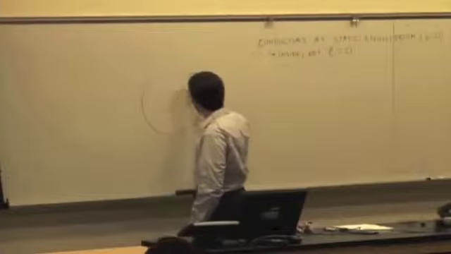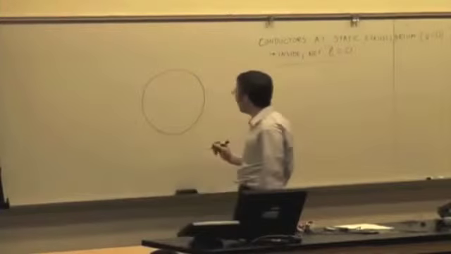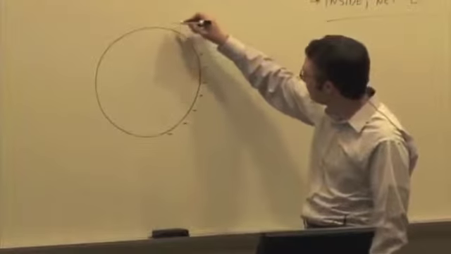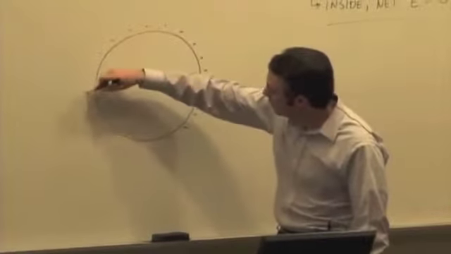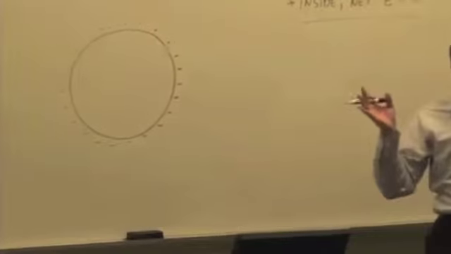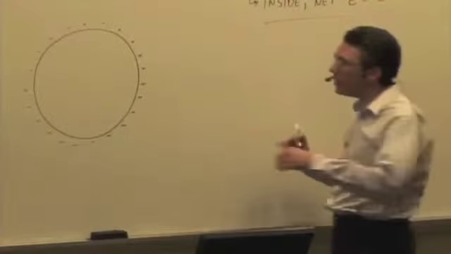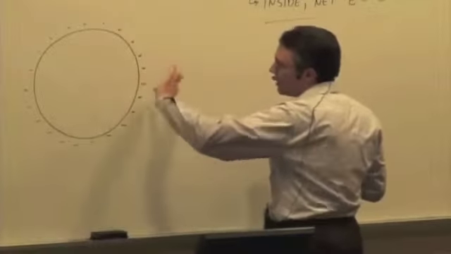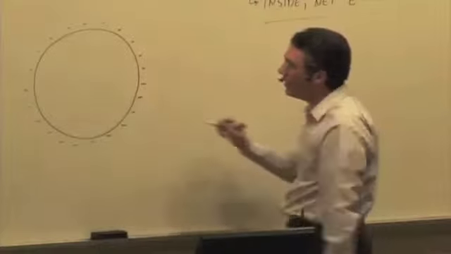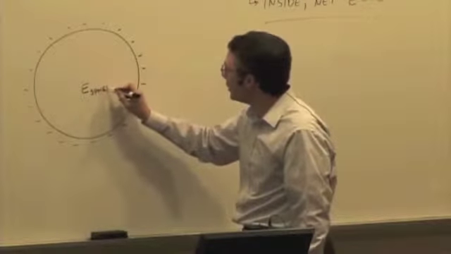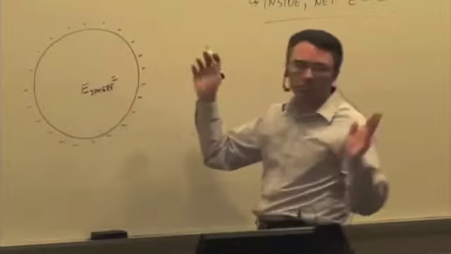If you have a sphere, and the sphere is uniformly charged, it doesn't matter whether it's a conductor or an insulator. We're just talking about the geometry here. The geometry is uniform charge spread over the entire sphere. The electric field due to that charge inside is equal to 0.